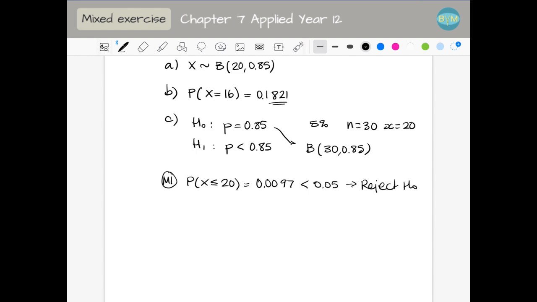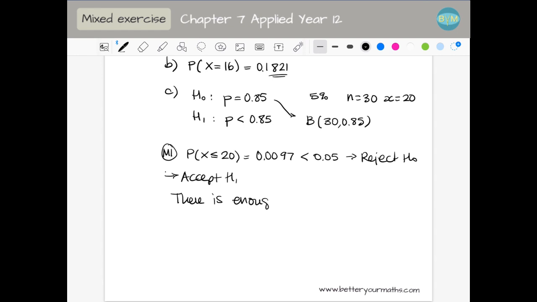There is not enough evidence to support H0. Accept H1. So there is enough evidence to support the hospital's claim that the probability is smaller, that P is smaller than 0.85.